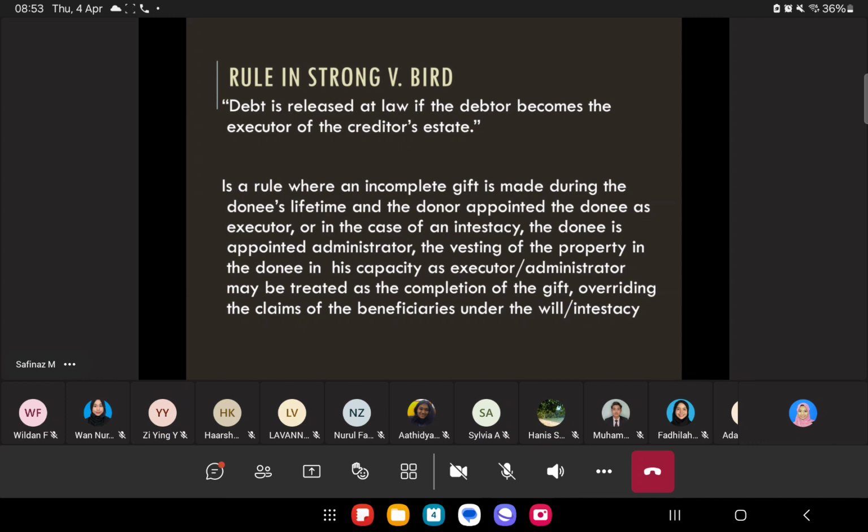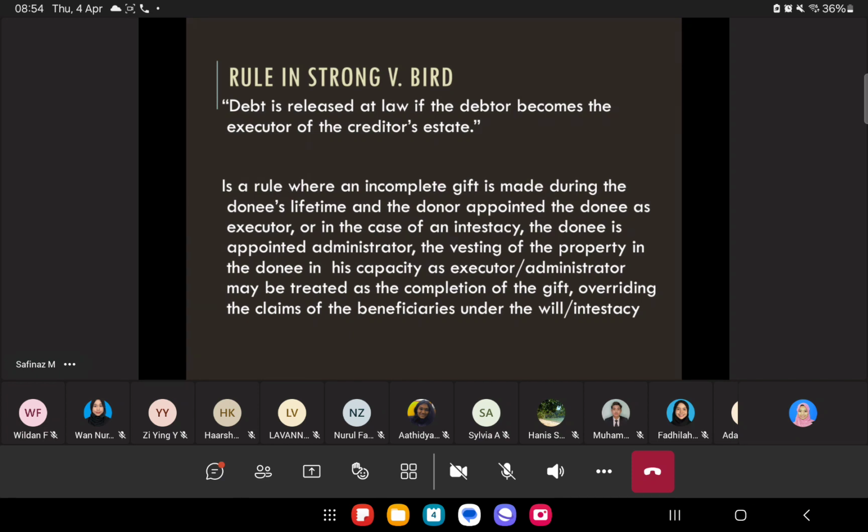Maksud dia kat sini, kan tadi kita kata kena ada vesting of property baru dia complete kan. Tapi kalau tidak ada isu yang beneficiary tu volunteer and all that kan. So tapi kalau let's say macam dalam kes ni, right, the donor tu appoint the donee as executor or administrator, then that fact, that appointment in itself makes the trust complete.